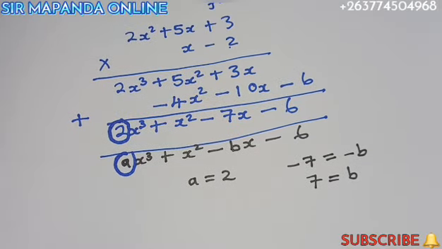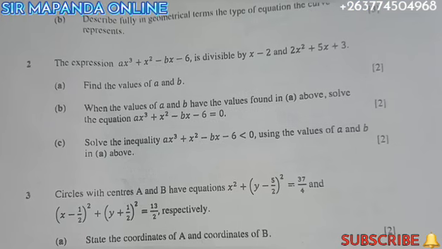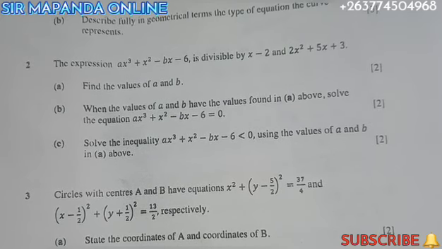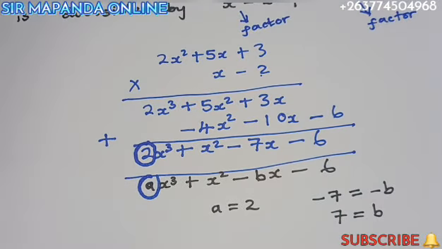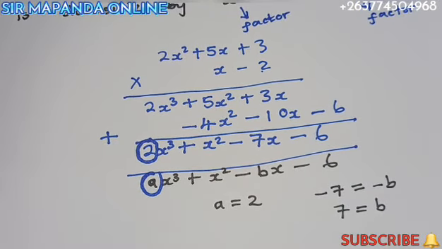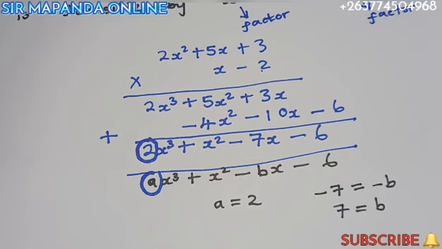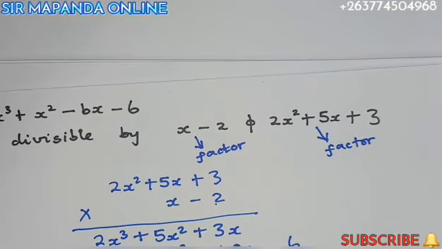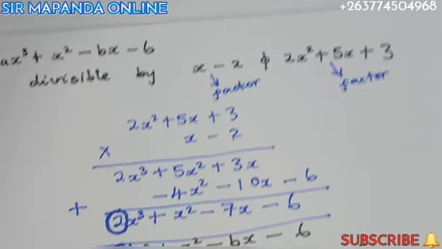Let us move on to the next part of the question. When a and b have the values found in part a above, solve the equation ax cubed plus x squared minus bx minus 6 is equal to 0. So to solve the equation, you will start by factorizing this quadratic so that it produces 2 factors.